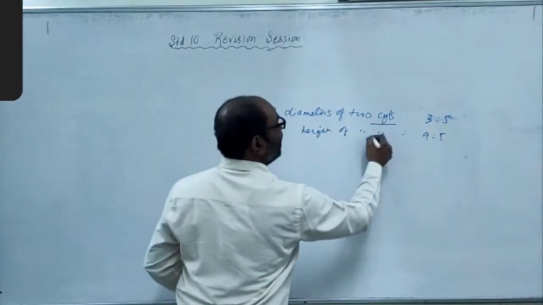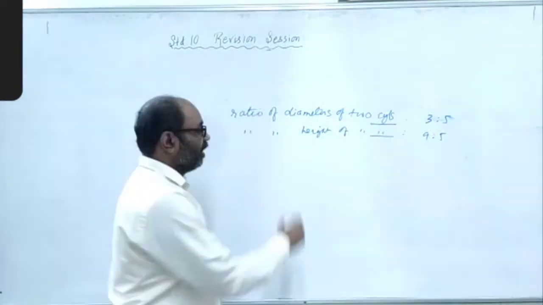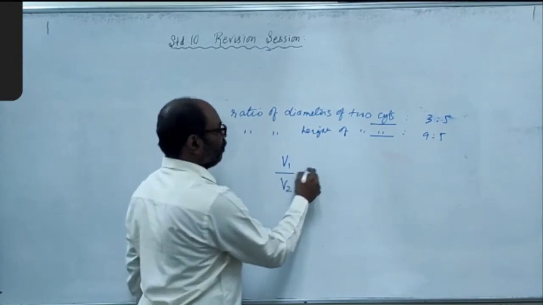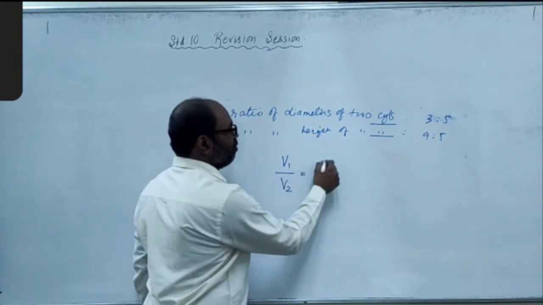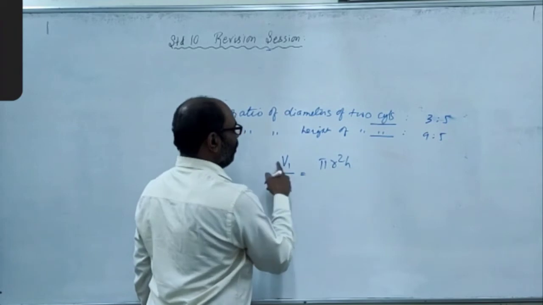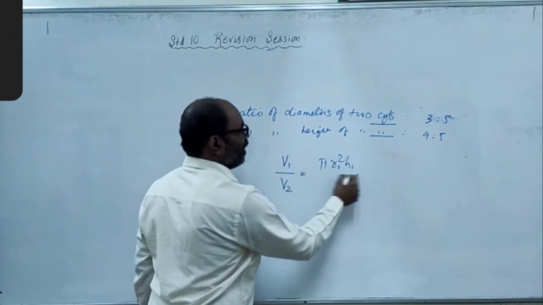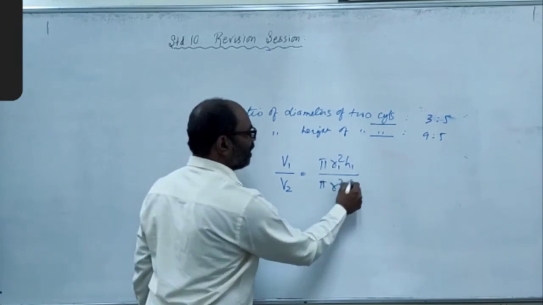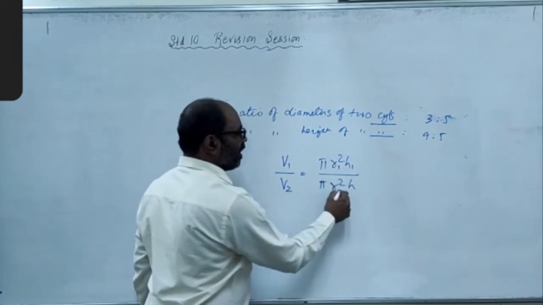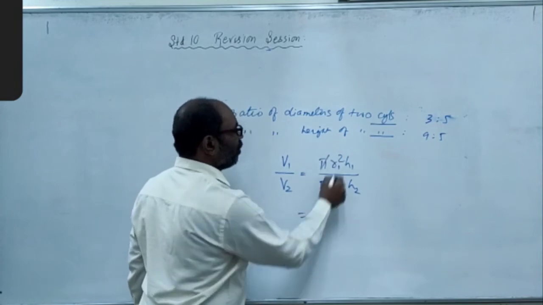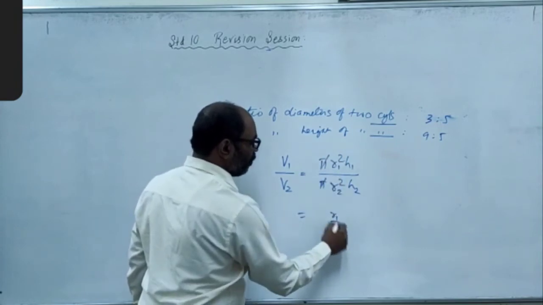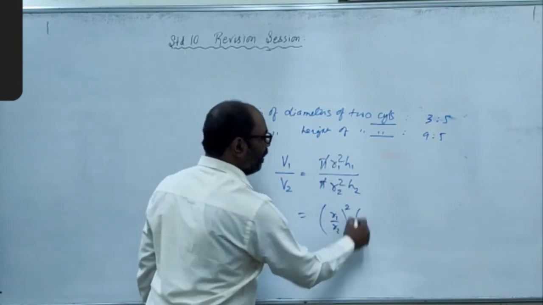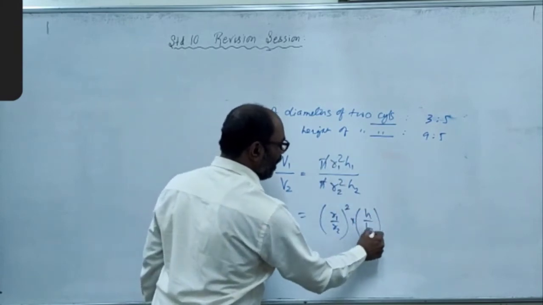What do we have? Cylinder. So volume 1 upon volume 2 is equal to, tell me the formula for a cylinder, pi r square h. The first cylinder has r1, h1. The volume of the second cylinder has the same formula, pi r square h, but with r2 and h2. Cancel pi. The index is common for r1 upon r2, so write the whole square into h1 upon h2.